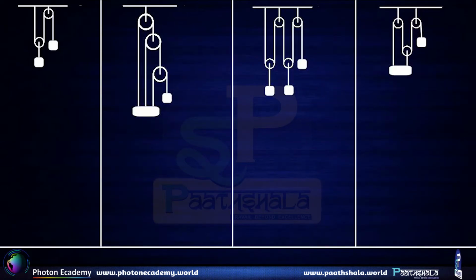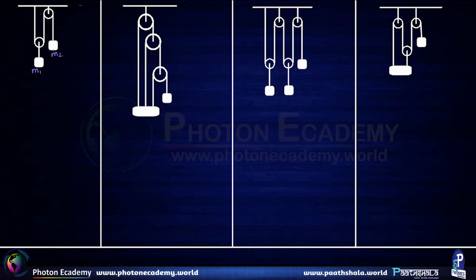Let us analyze the situations that are shown here. So this is the mass m1 and this is the mass m2. The distance from the rigid support of mass m1 happens to be x1, and for mass m2 this distance happens to be x2. So this is x1 and this is x2.